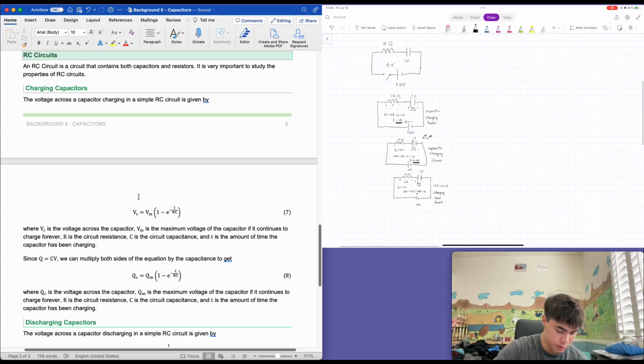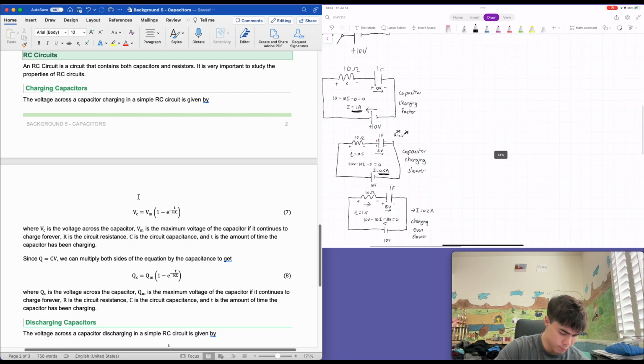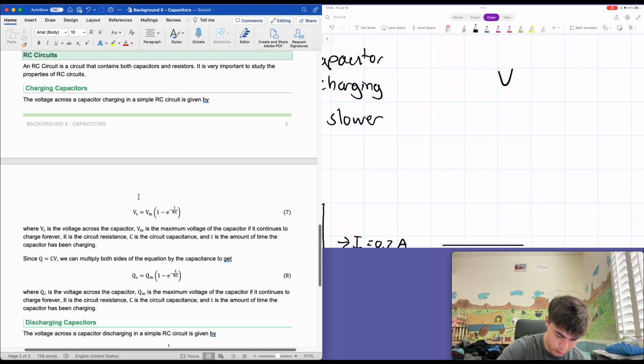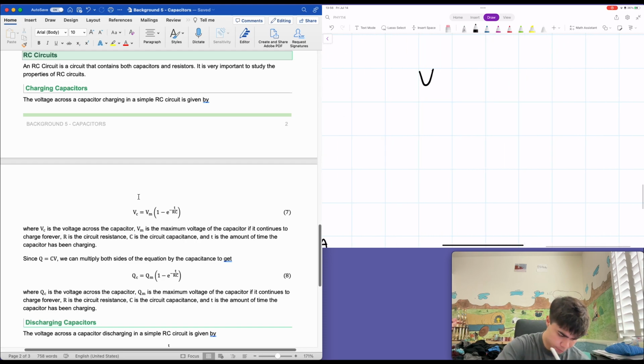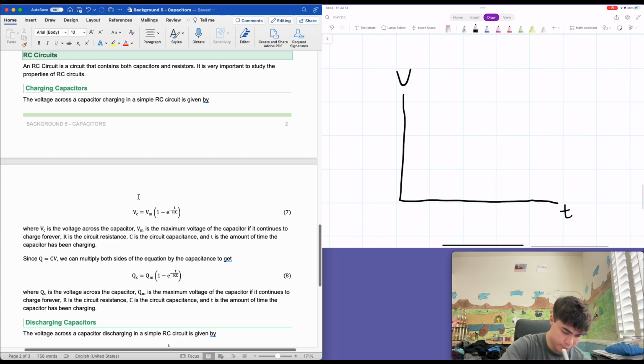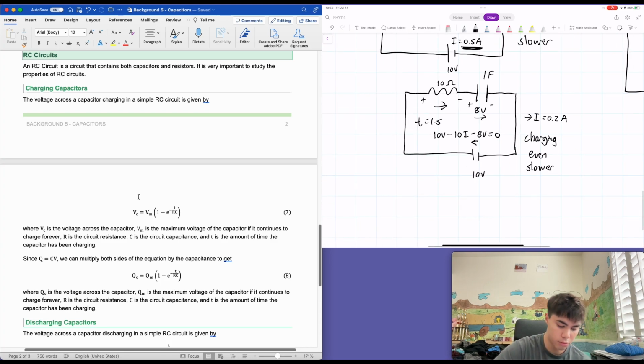The way this looks on a graph is if we have the voltage across the capacitor as a function of time, a graph here, the maximum voltage after a really long time, the capacitor will reach 10 volts.